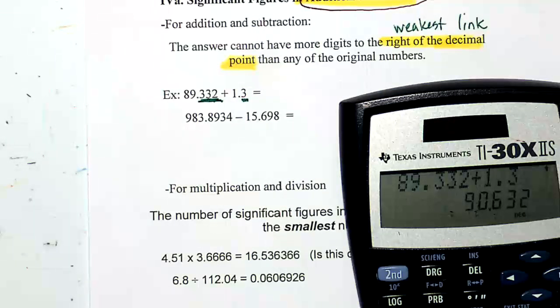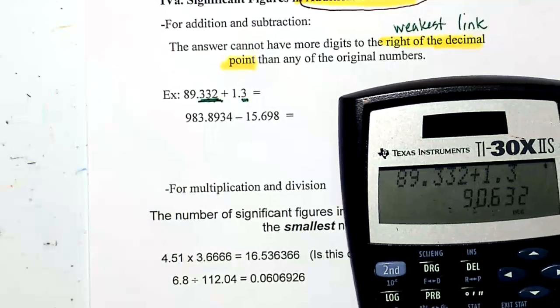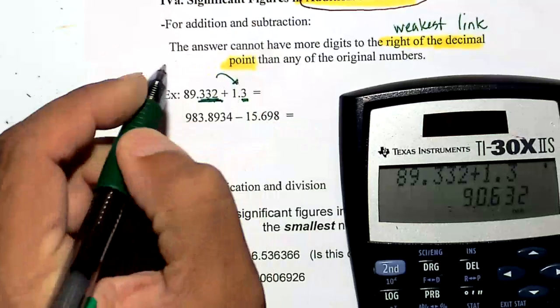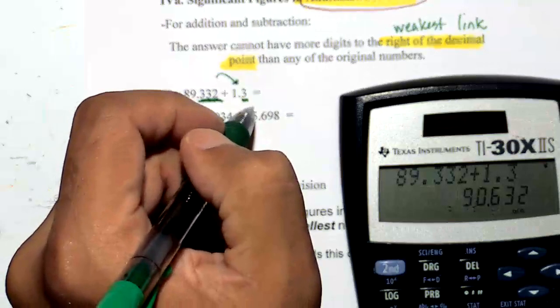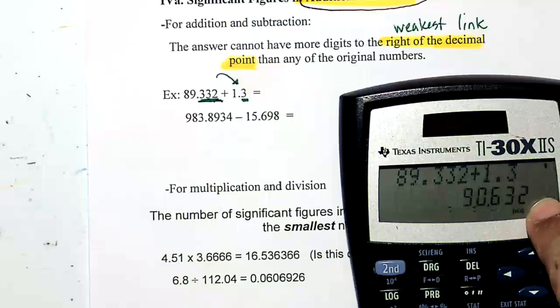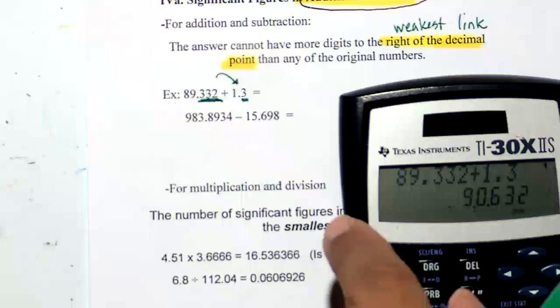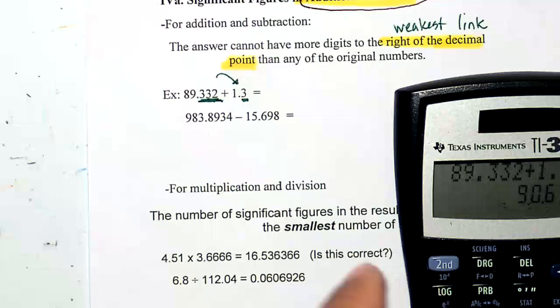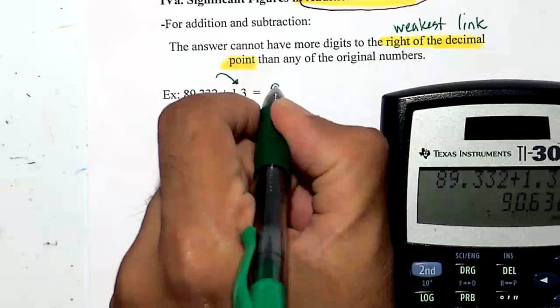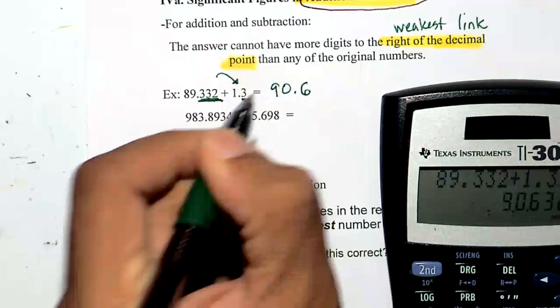For addition and subtraction, the weakest link is the number of decimal places. So should I report this to 3 or 1? We only know this number to 1 decimal place, so why would we report our final answer to 3 decimal places? We can only report our answer to 1 decimal place because that is the weakest link. So the answer to this is 90.6.